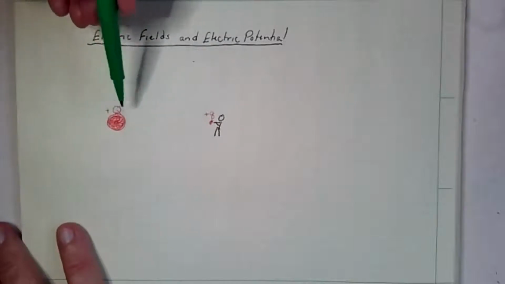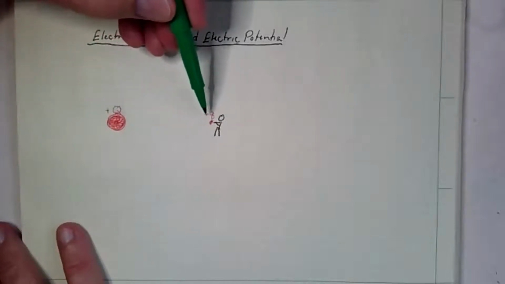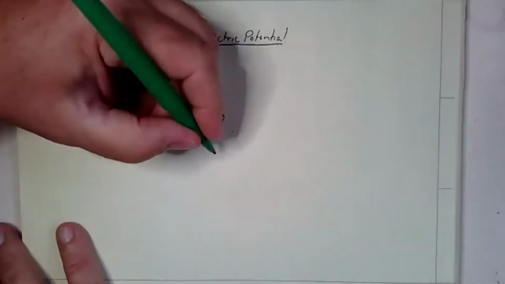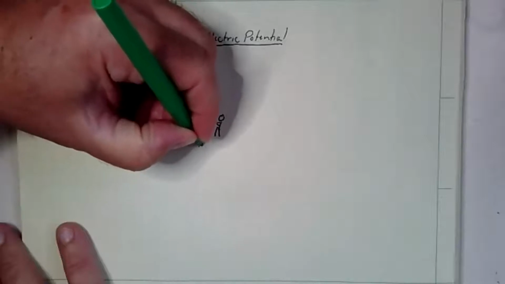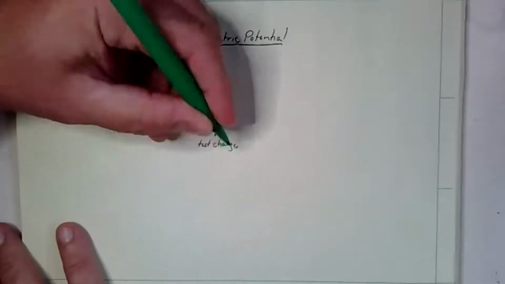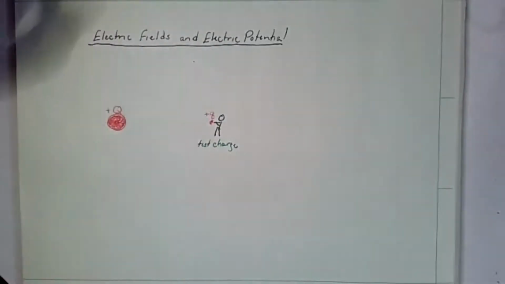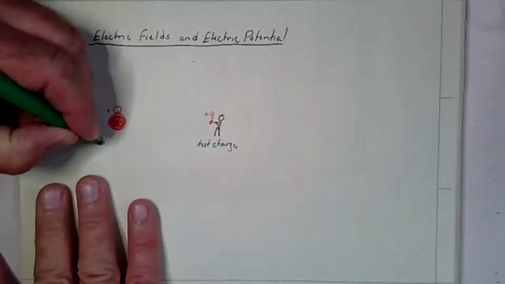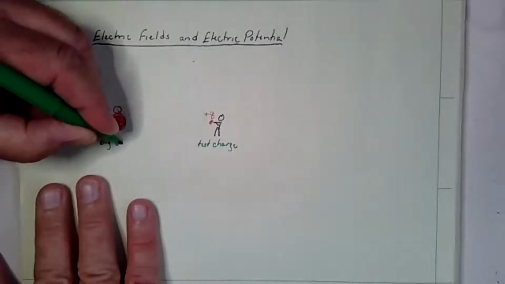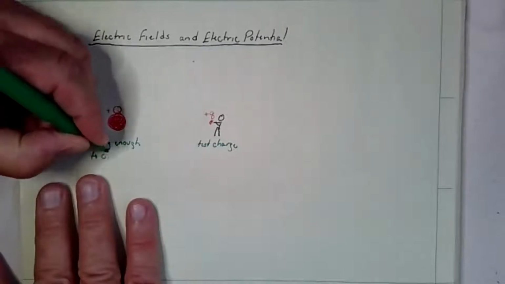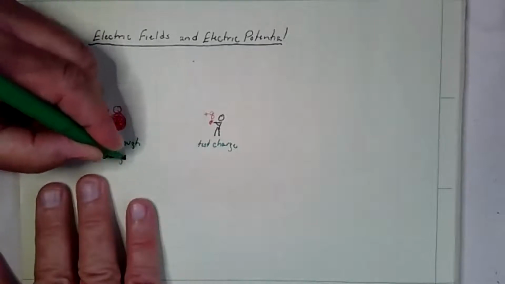So what's the difference between plus lowercase q and plus uppercase q? So plus q, this is our test charge, and we're bringing this in and we want to try and add it to the charge that's already there. Now, this plus q is big enough to change space.